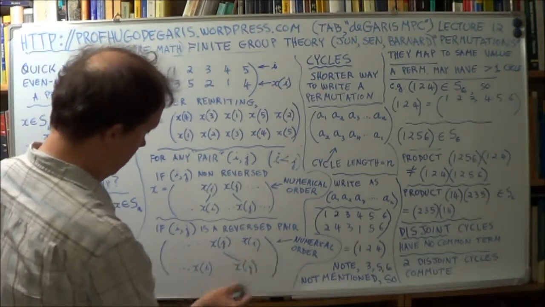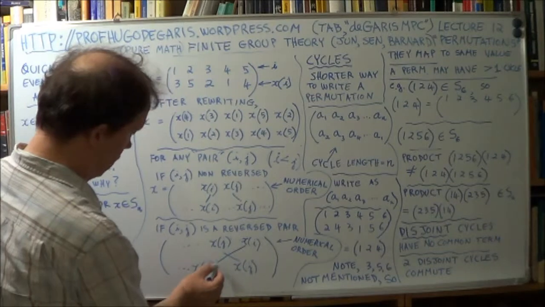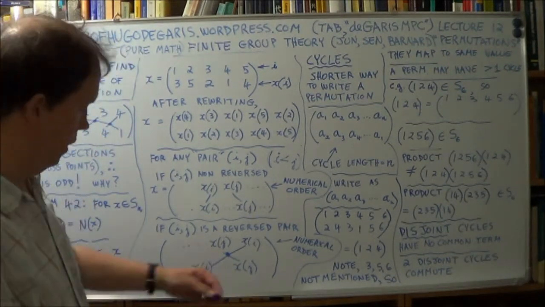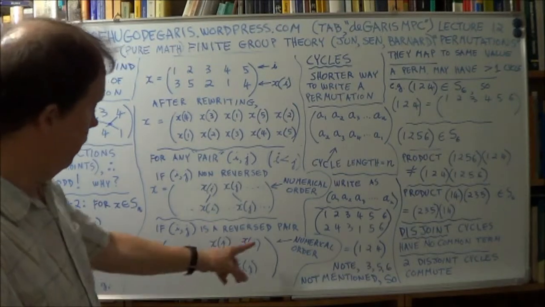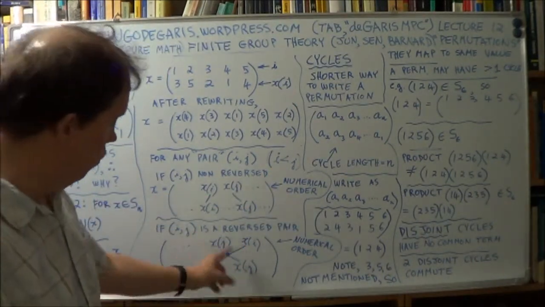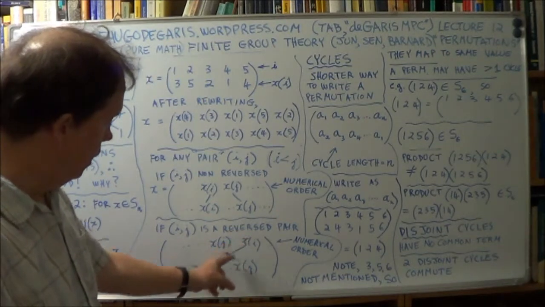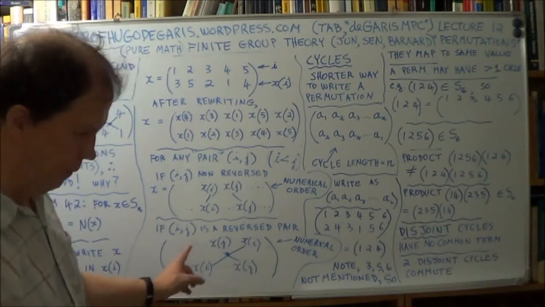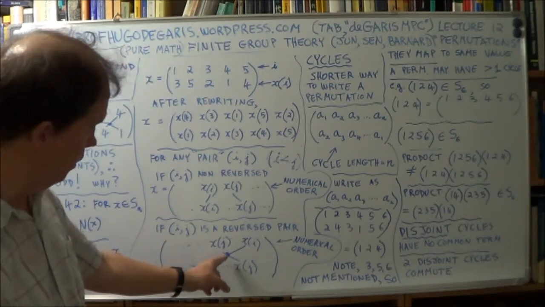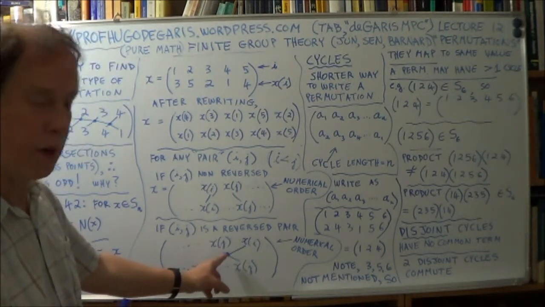And then when you draw the line, you get an intersection point, a cross point. That's true of any pair of this form. So for each reversed pair, you get one cross point. We just proved that there.